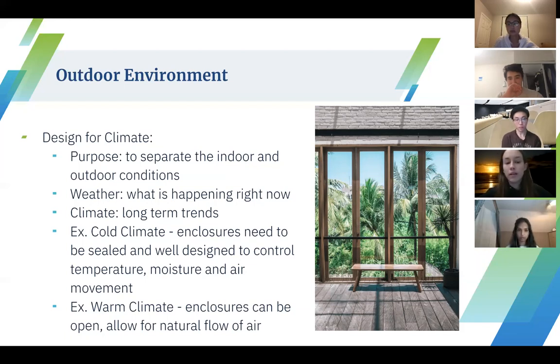And then in a warm climate, you want them to be open and allow for natural flow, because in warm climates, there tends to be a lot of relative humidity, and you need to have air that can flow over these inner workings of a building, because you don't want them to grow mold and things like that. Next slide.